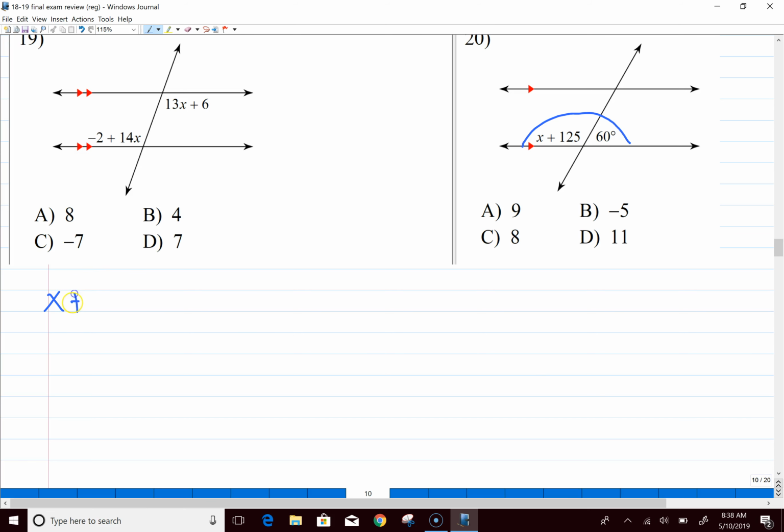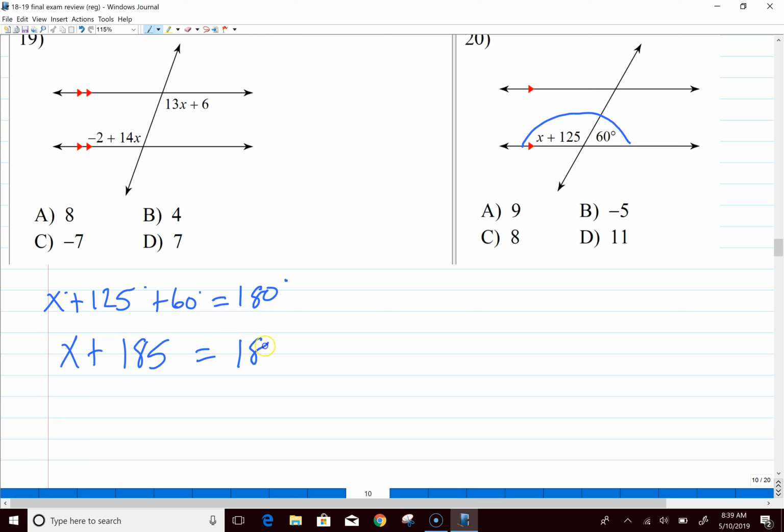So x plus 125, that's just this piece. I have to add it to the other angle, which is plus 60, and that equals 180 degrees. All these are degrees. So I'm going to add the 125 and the 60. 125 plus 60 is 185.